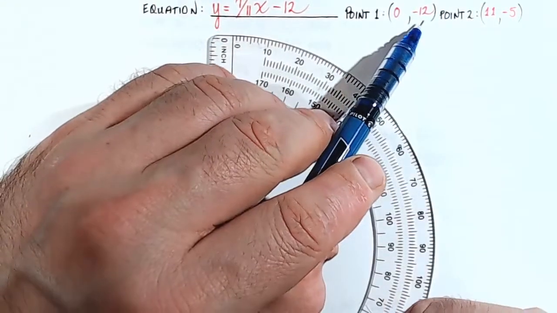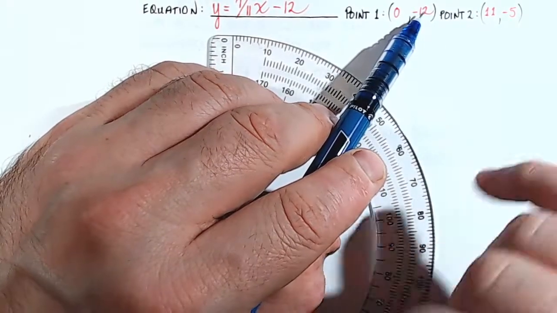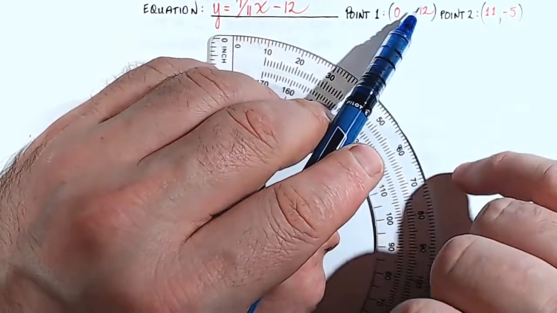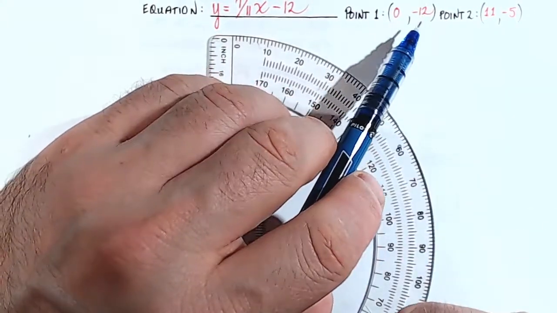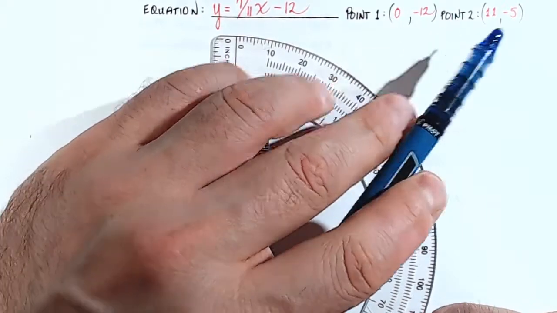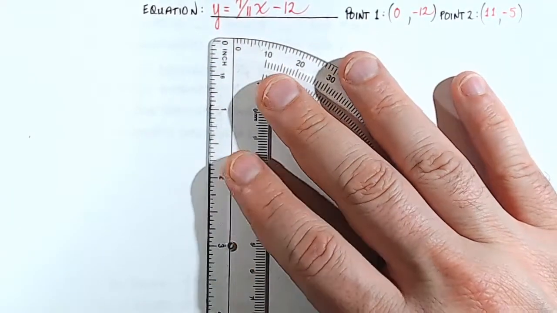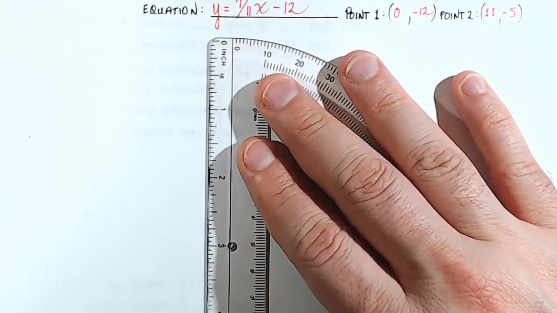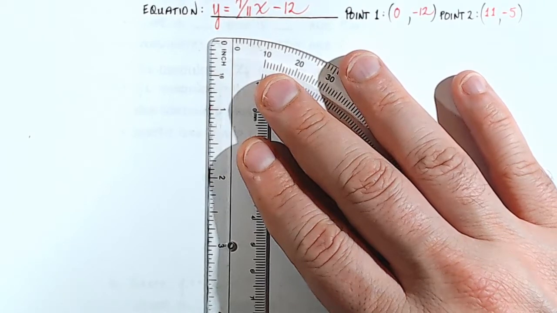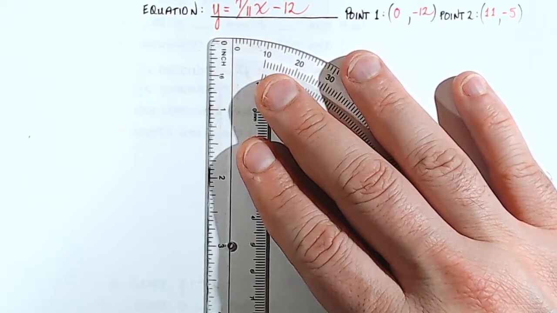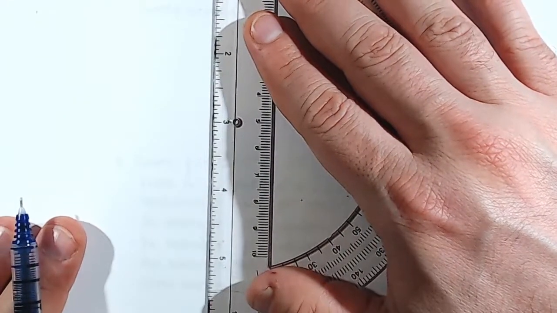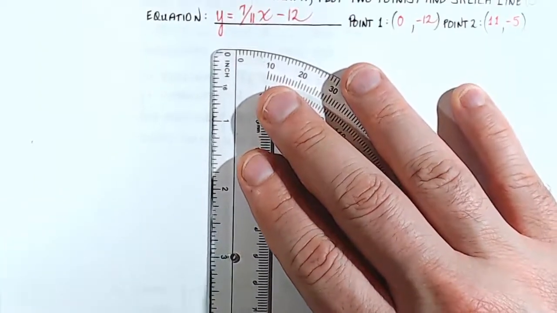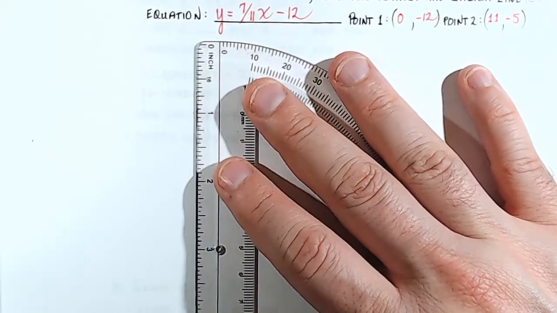I need to draw a y-axis that can take me from negative 12 all the way up to negative 5. And I need to draw an x-axis that can go from 0 to 11. So, this is a 6-inch ruler. If I go in quarter inches, or even 1/8 inches, I shouldn't have a problem fitting all this on one page. But I will have a problem fitting it all inside this little window here. So let me see what I can do about that.